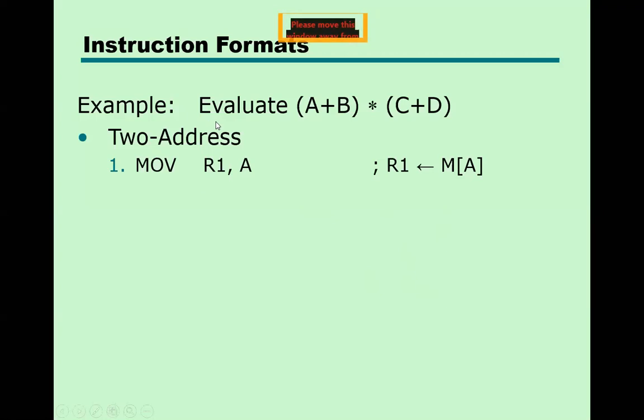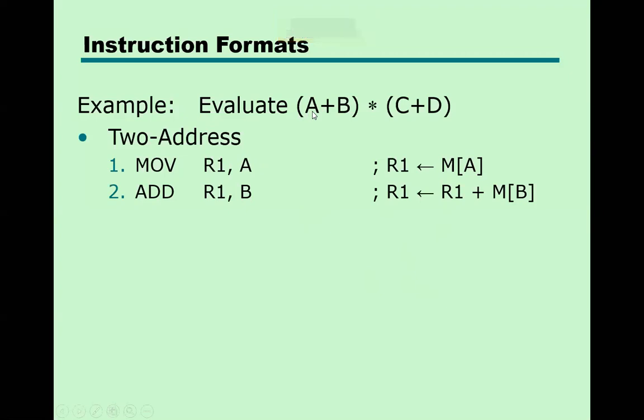At the very beginning, first we have to move the A value into R1. If at memory location A there is a 5, this 5 will be assigned to R1. So A is assigned to R1.